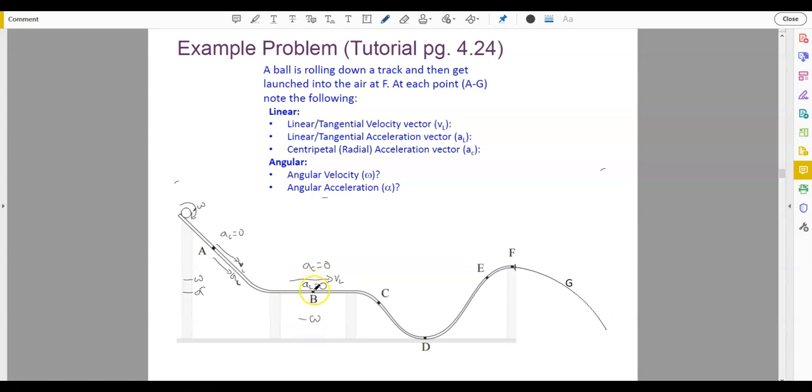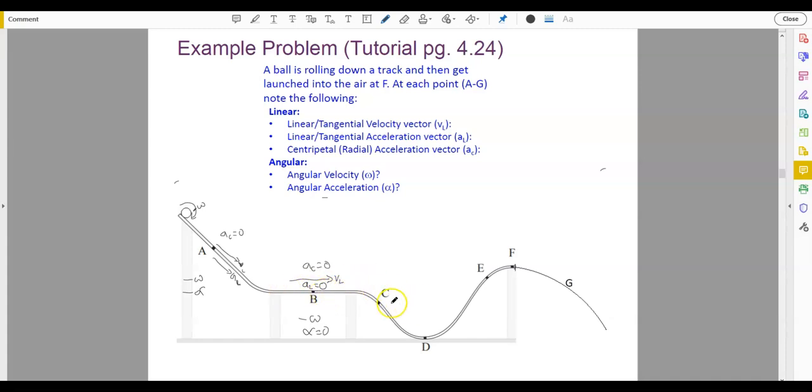Well, the linear acceleration is the angular acceleration times r. So that means the angular acceleration is also going to be 0 because the wheel is rotating at a constant velocity through this horizontal straight path.